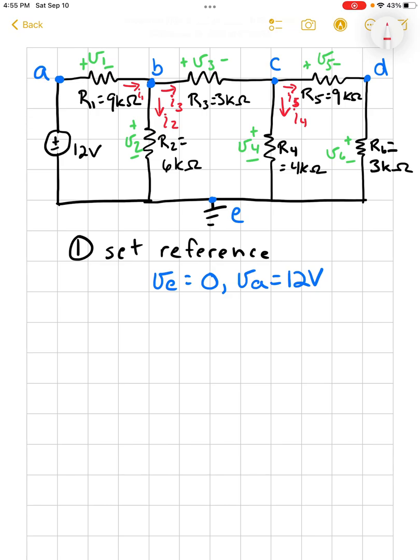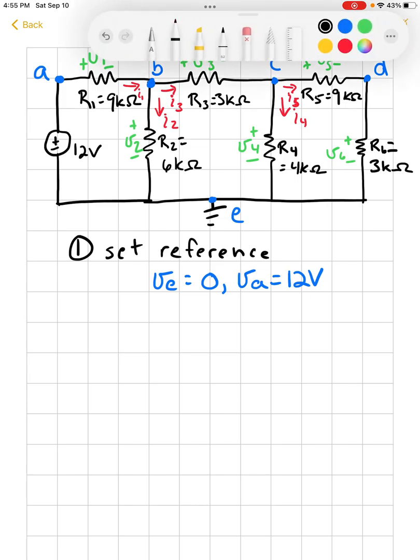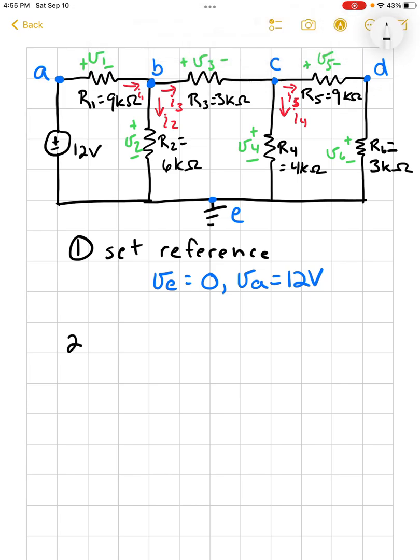All right, so now we're going to write our equations using KCL. This sounds like a very easy step, but it's a little bit longer than we anticipate.